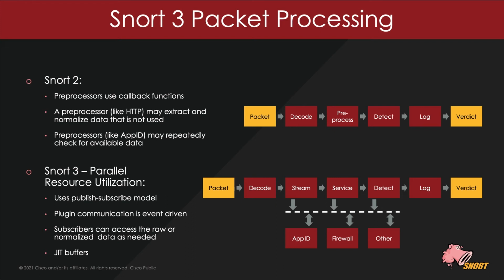So when the subscriber needs a particular thing, the publisher will provide it, but it only provides it at the time it's needed. So the buffers aren't populated until you need them. That's called just in time processing, instead of just in case. So subscribers can access the raw or normalized data as needed.